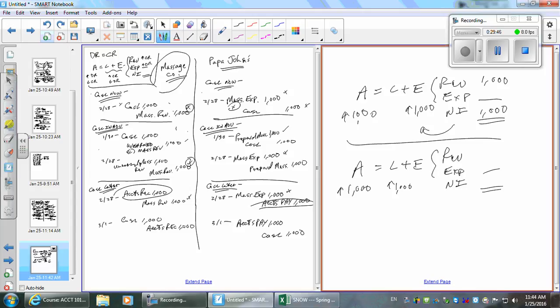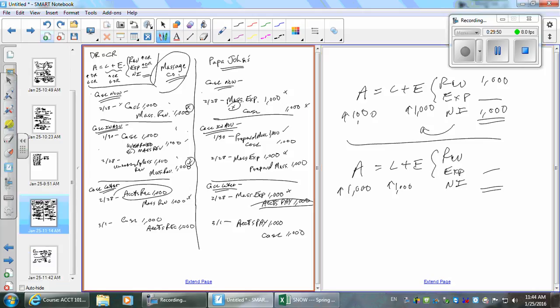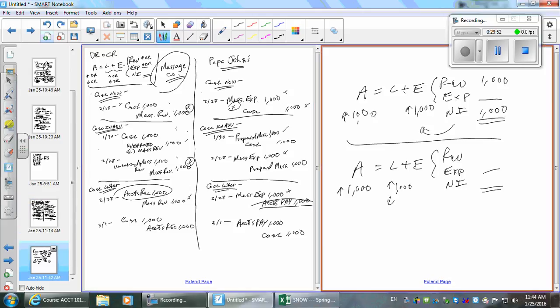More cash, more liability. Then what happens in February, you guys? What's the next one? We reduce the unearned revenue, right? Because we earned it. The unearned revenue's gone between the 2 months, isn't it? They paid us in advance and then we earned it. It's gone. Okay? And what do we have? We credited revenue. We have more revenue by 1,000, don't we?